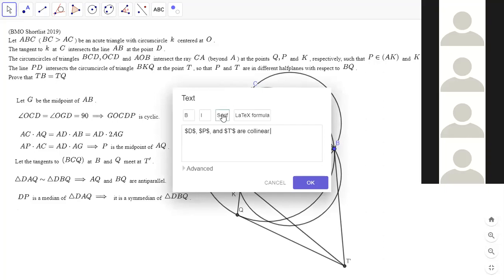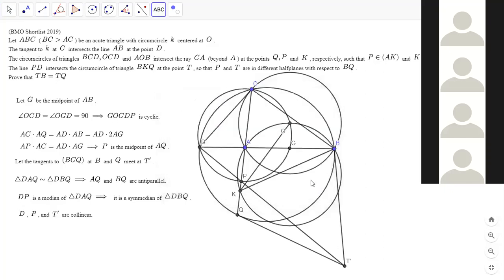And now we want to show that that's cyclic. Should be an angle chase. Because angle BKC, let me think how to do that.